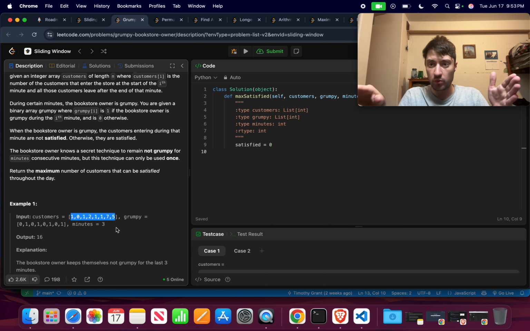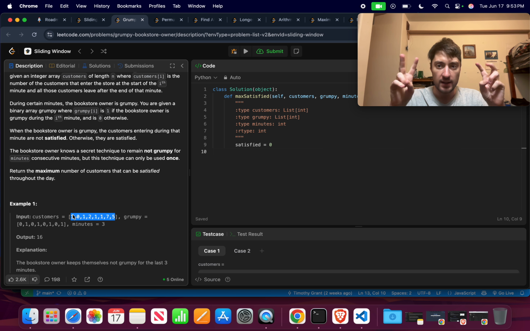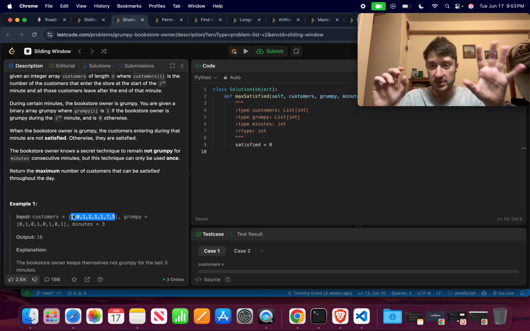It's an O of n operation. I'm just going and calculating it without any changes, without any sliding window. Then I go and apply the sliding window and I calculate like max increase. And then at the end, I do satisfied, right?